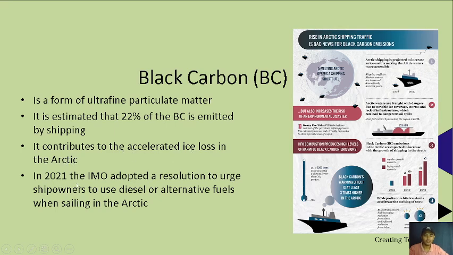In 2021, the IMO adopted a resolution urging ship owners to use diesel or alternative fuels when sailing in the Arctic. Black carbon's warming effect is at least 3 times higher in the Arctic, so the rise in Arctic shipping traffic is bad news for black carbon emissions.